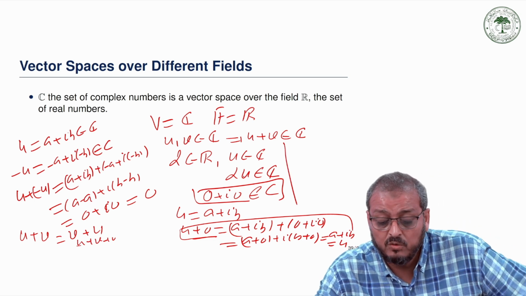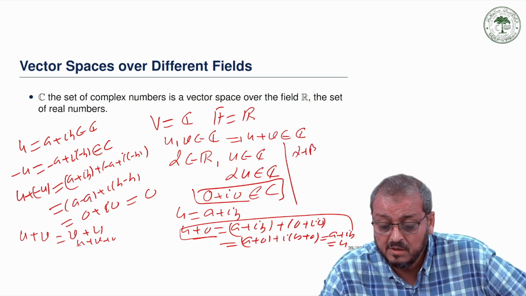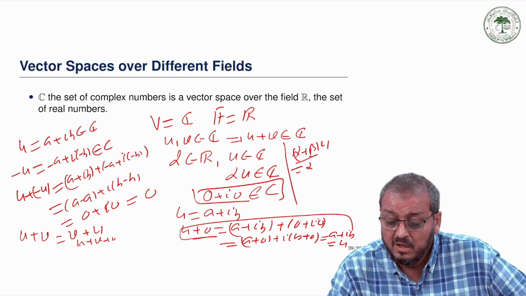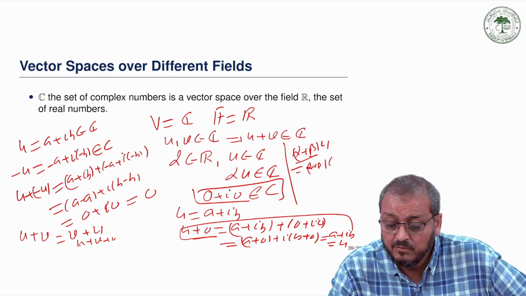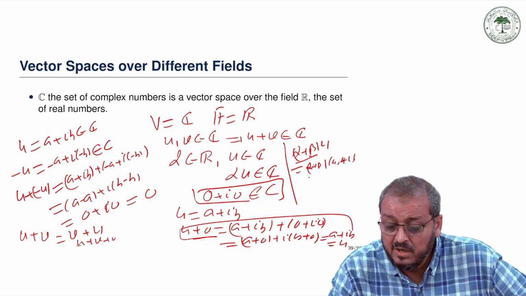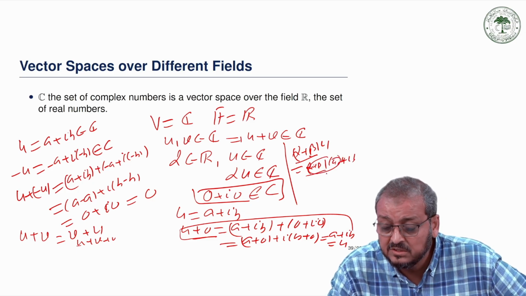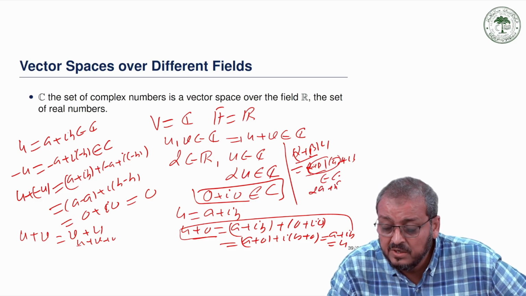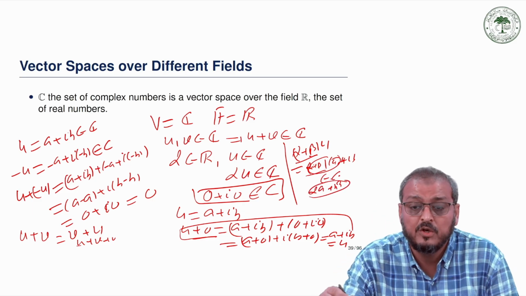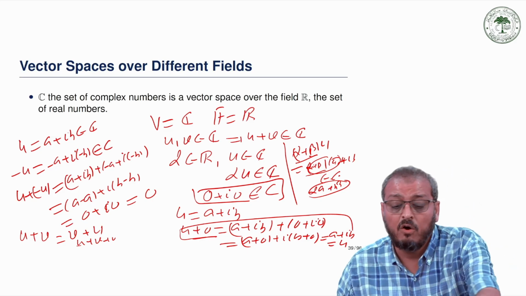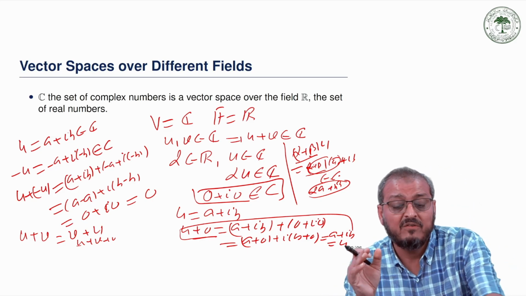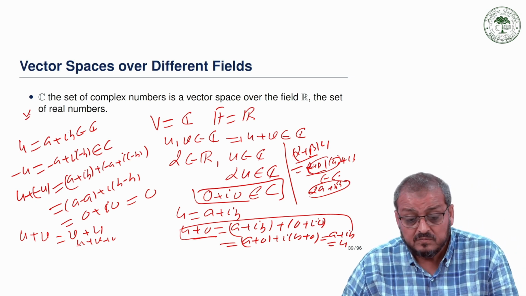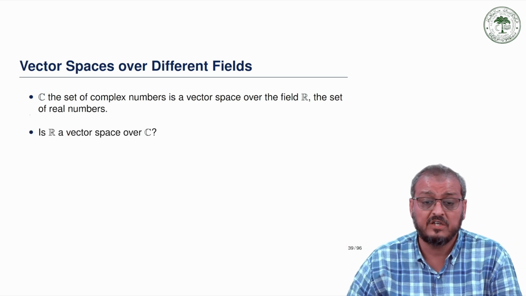And for alpha plus beta times u, with u equal to a plus ib, alpha times beta is some real number, and this is also an element of C. We can write alpha a plus beta a by the associative and distributive properties of real numbers. So it satisfies all the properties of a vector space. Clearly, the set of complex numbers is a vector space over this field.